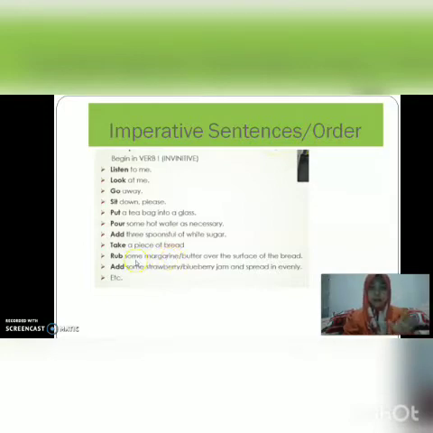Rub some margarine or butter over the surface of the bread. Add some strawberry or blueberry jam and spread it evenly, etc. So you have to pay attention to the bold one here. These are example of verb 1 or infinitive verb.